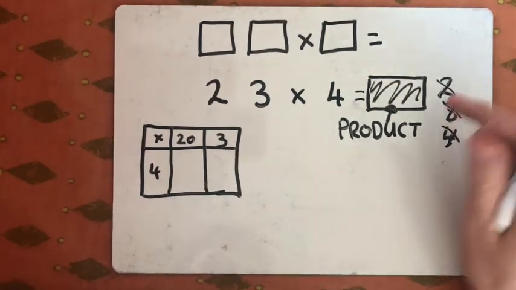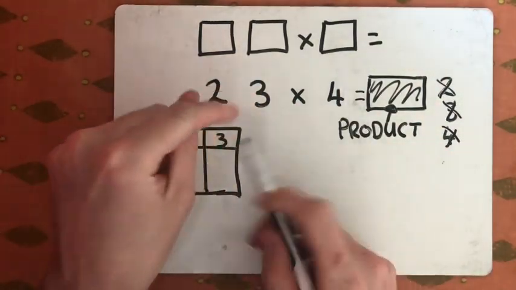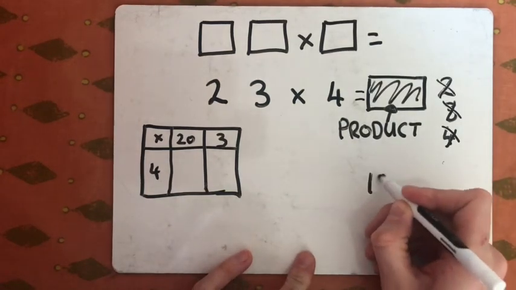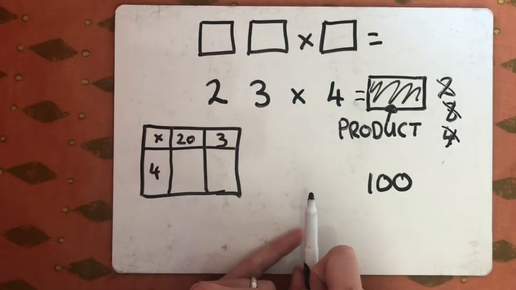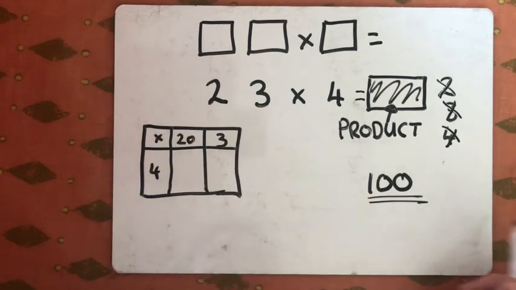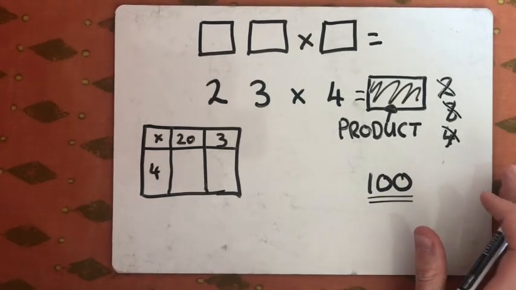So we might have to try one, see what the answer is. Maybe try the digits in a different way around, see what the answer is. Can we get as close as we can to 100? As close means you might be a little bit below. You might also be a little bit above, but we're trying to get as close as we can to that 100. Okay, you'll have to try a few different ways to see which ways work.